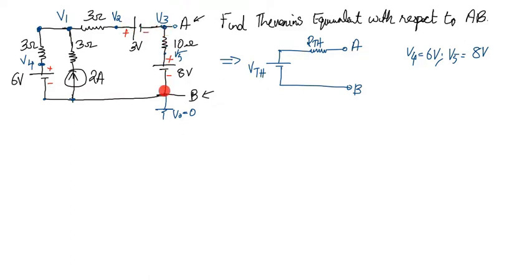As we go from ground to V2, first V3 is coming and after that this 3 volt is there. So V3 plus 3, because there is a rise in potential in this direction. So my negative to positive is plus. So V2 is equal to V3 plus 3. So this is how you will be getting a relationship between V2 and V3.